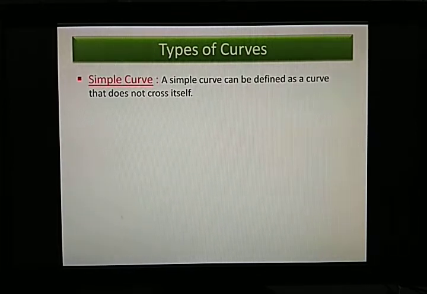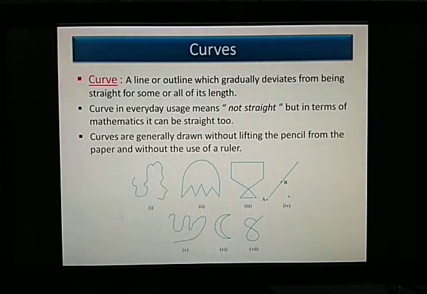For understanding this, you have to go back to the earlier slide. You can see here these curves, say 1, this 2, then 4, then 5, then 6.